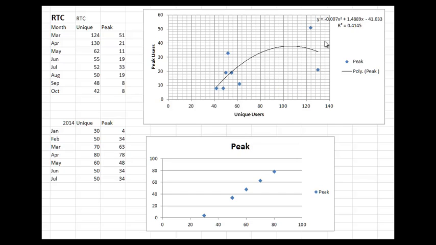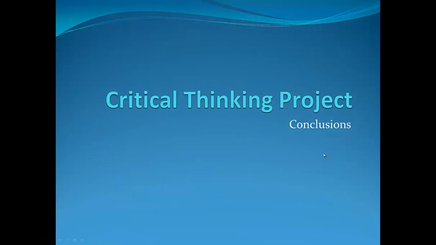Now I use the formula that I took from here in order to make predictions for next year based on some sample users, and those numbers will have to be validated by interviewing the departments. But as you can see, the predicted outcome looks fairly linear, and that's certainly a predictive model that I'm comfortable with. And once again, what it tells me is that I have ample licenses for next year.